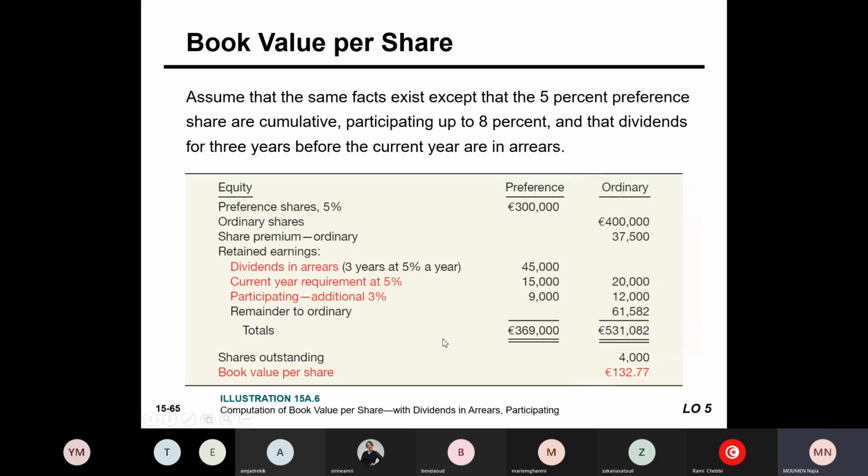Now to measure the book value per share of the ordinary shares, we divide the total 531 by 4,000, so it will be 132.